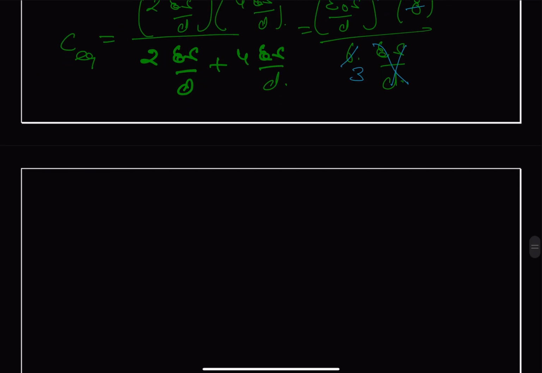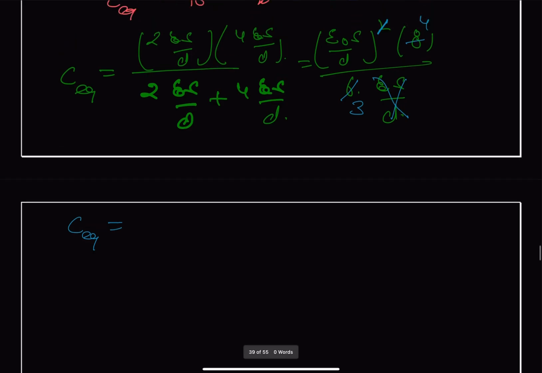So therefore C equivalent will be equal to, this comes as 4 by 3 epsilon naught S by D.